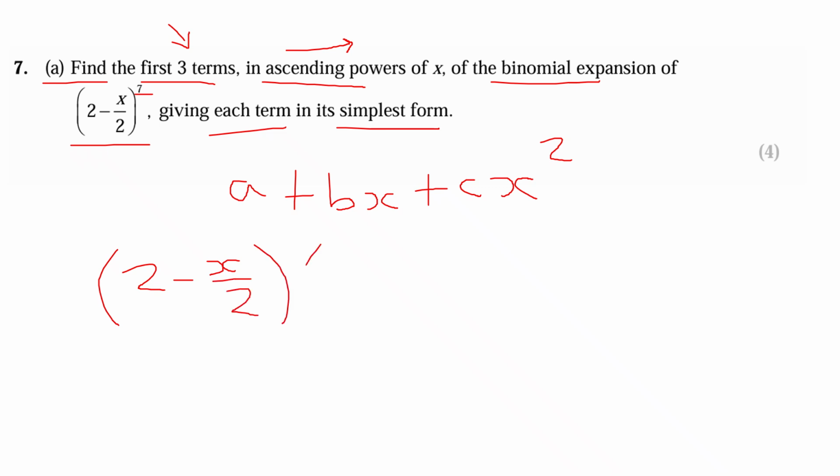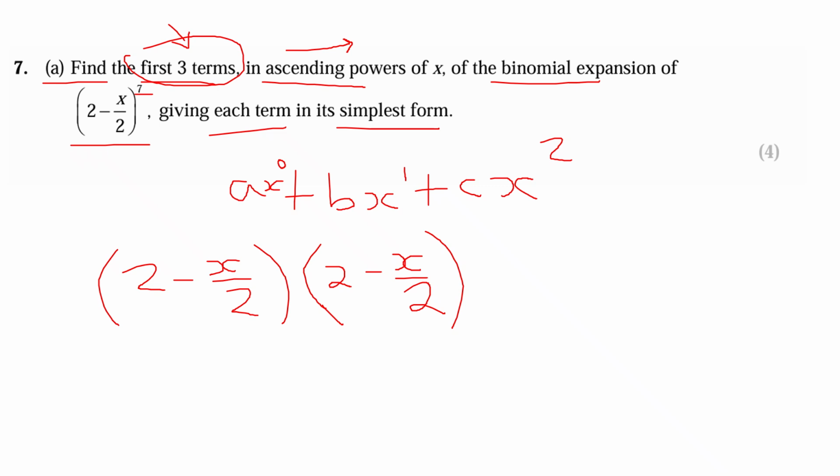The reason for that is because we are going to get a quadratic when we expand this double bracket. So this is knowing your power expansion rules, because it's the first three terms. Obviously x to the power of 0, if that helps you.